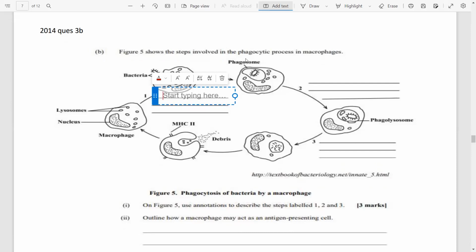So pseudopodia are formed around the pathogen. Then number 2, what's number 2?